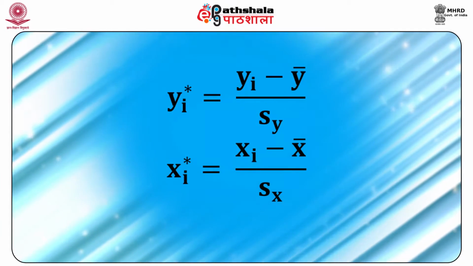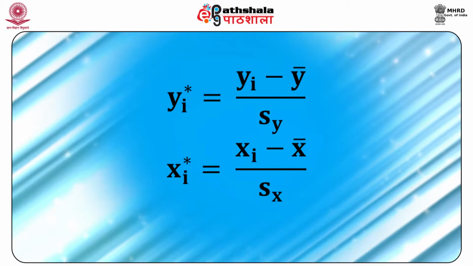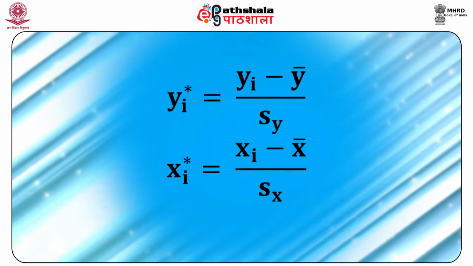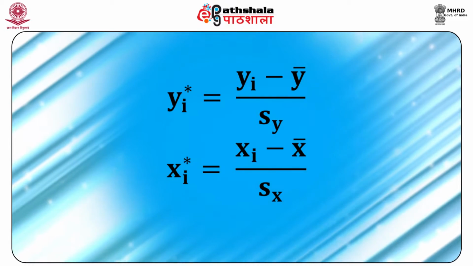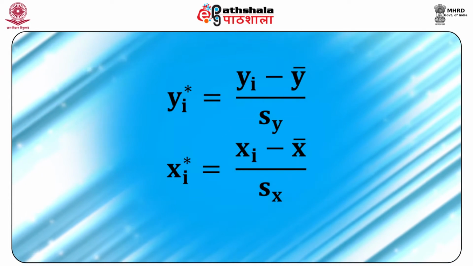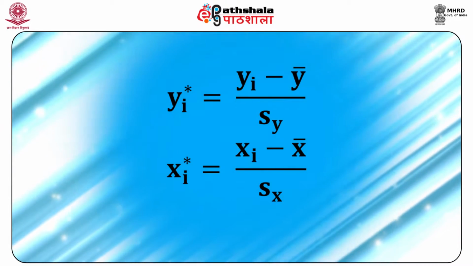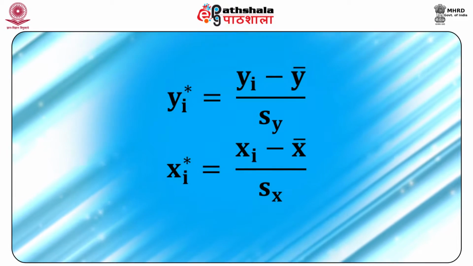Thus, standardized variables are, for example, yi star, which is defined to be equal to yi minus y bar upon sy. Sy is the standard deviation of yi. Similarly, xi star is equal to xi minus x bar upon sx.